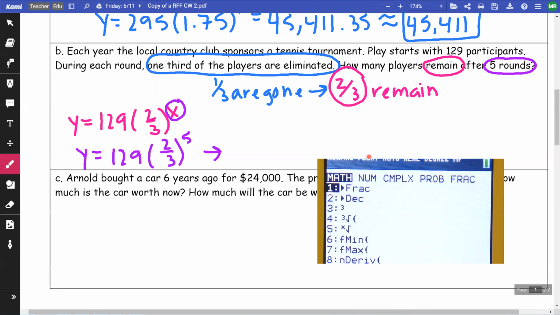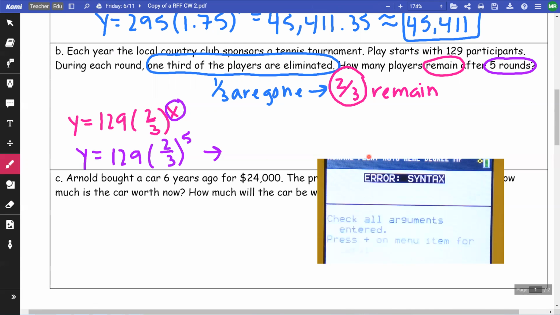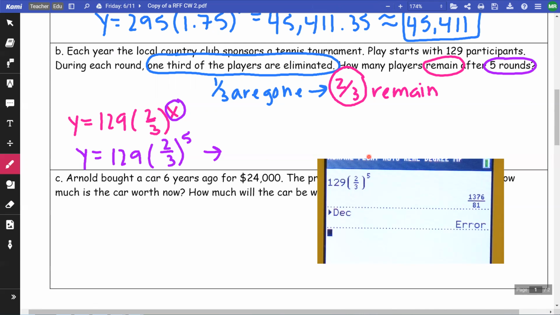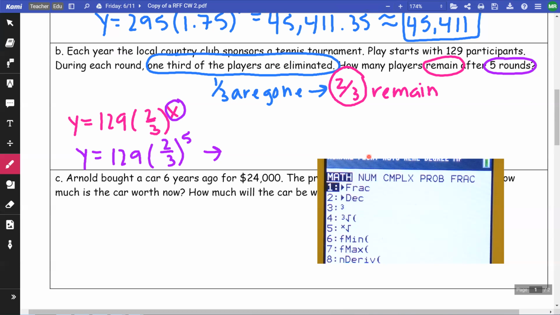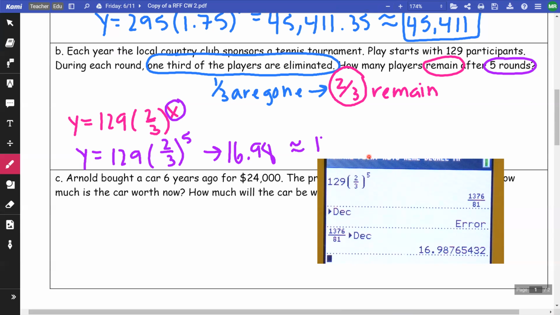So I can hit math and change it to a decimal. And I get 16.98, so about 17.